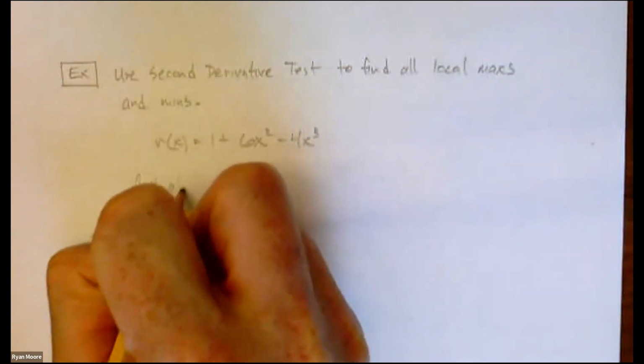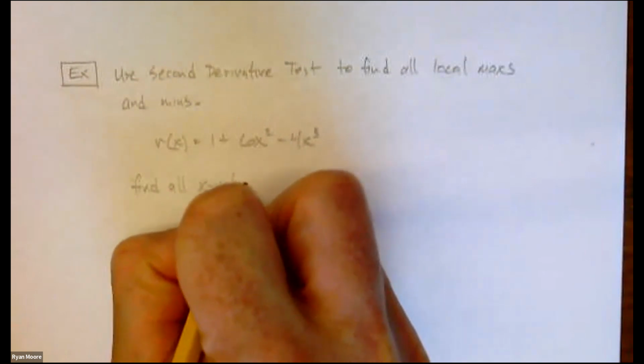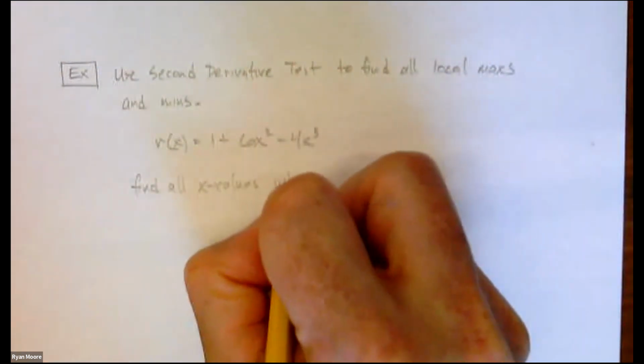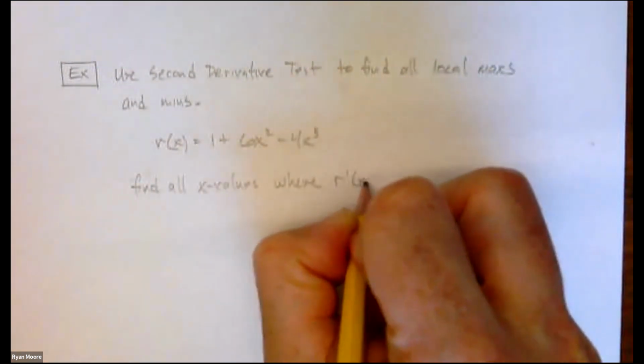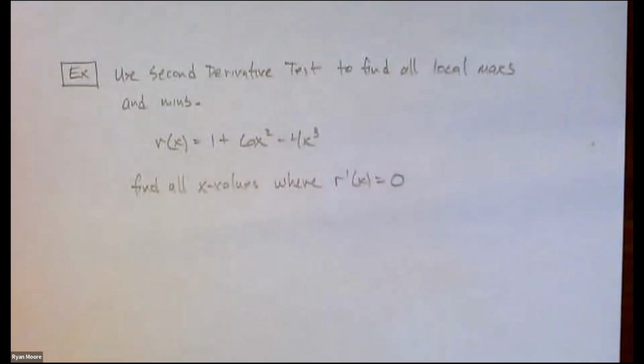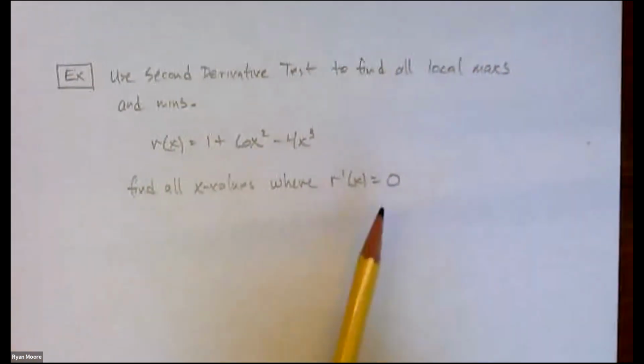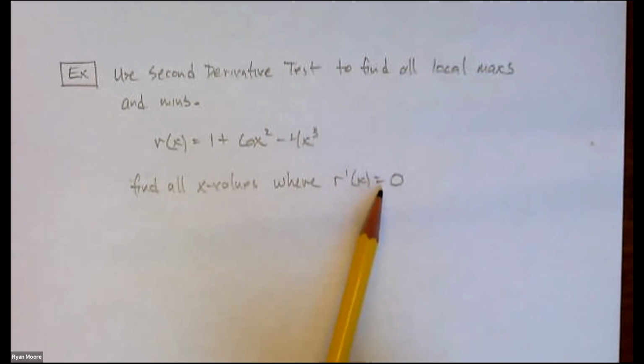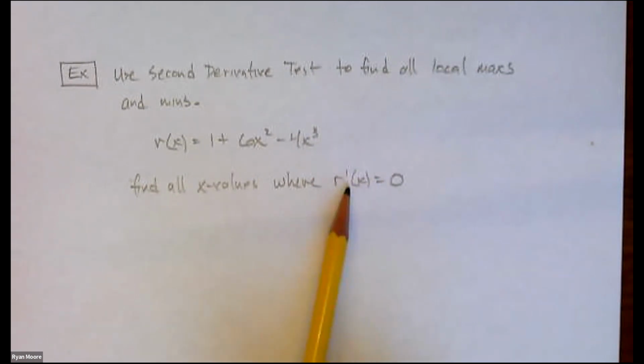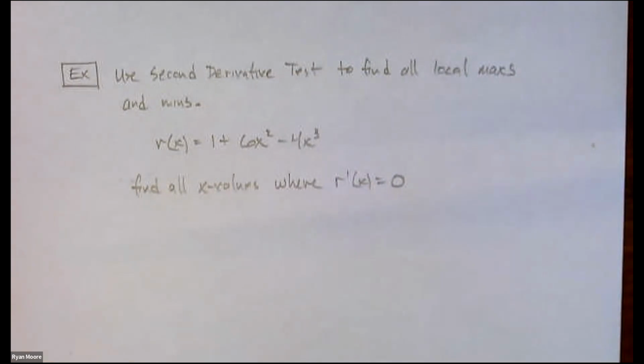Find all x values where r prime of x here will equal 0. So it's like we're finding the criticals, but we only care about the criticals where it equals 0. We don't care about the DNE type.